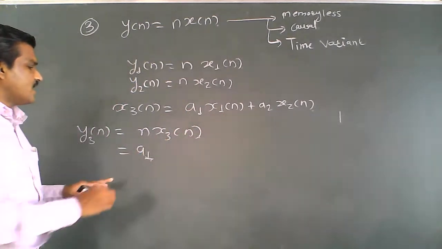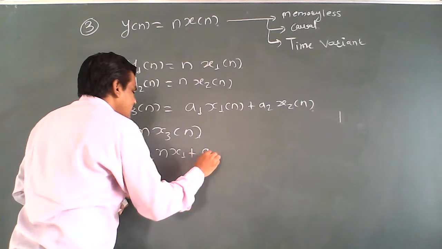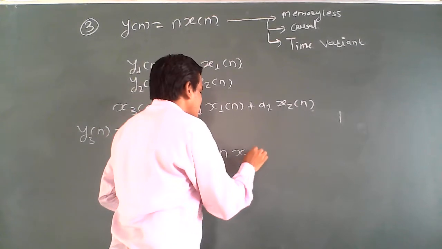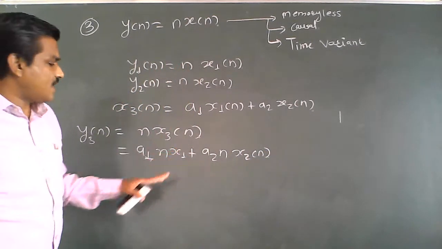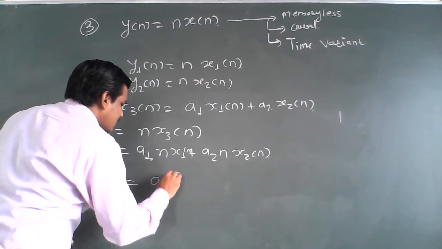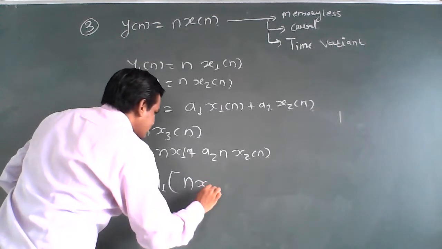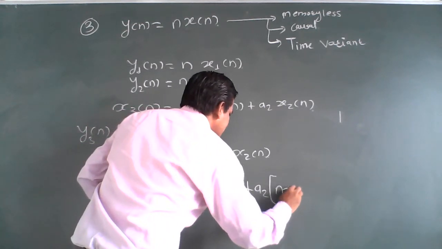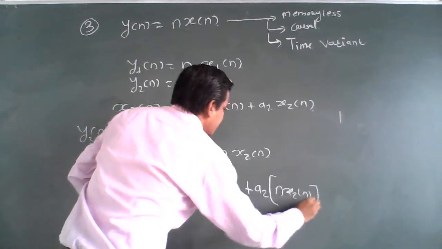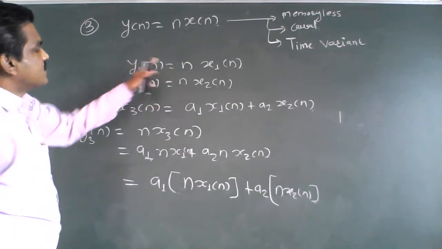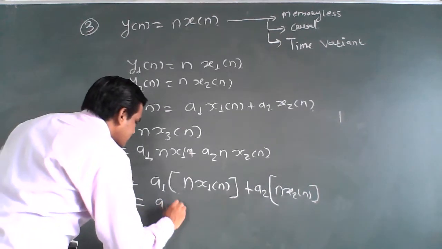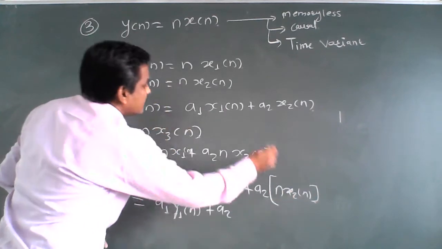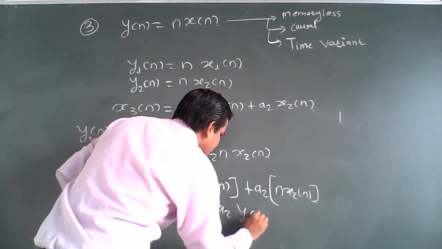So a1 times n times x1 of n plus a2 times n times x2 of n. What is n times x1 of n? It is nothing but y1 of n. So it is a1 y1 of n plus a2 y2 of n, since n times x2 of n is y2 of n.